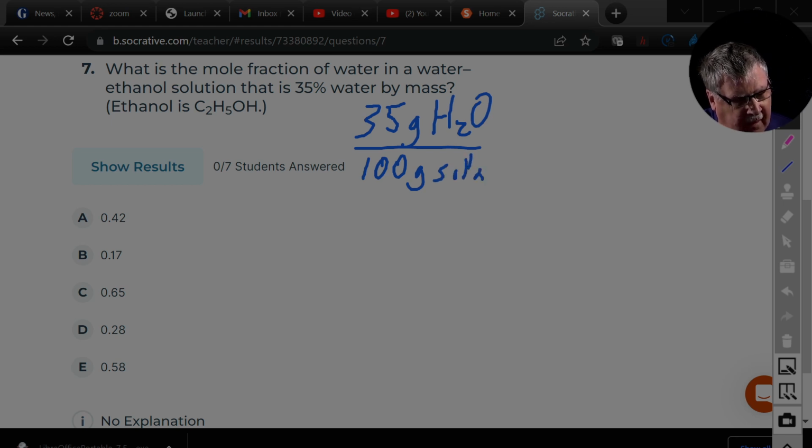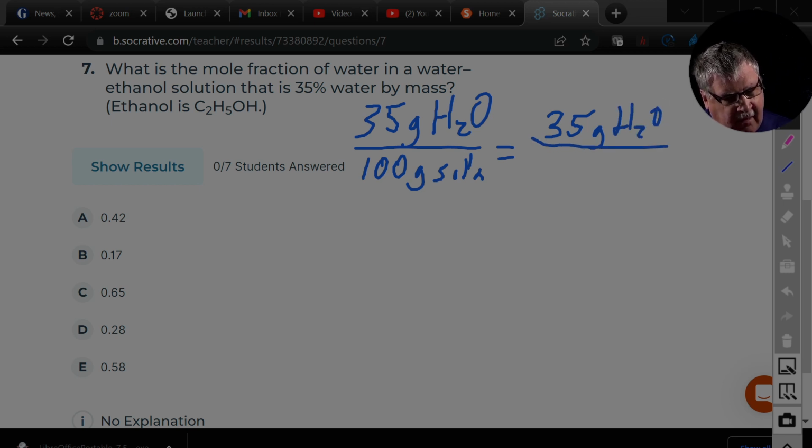Or another way of thinking about this is 35 grams of water, and the remainder of the mass of the solution is ethanol. So that's 65 grams of ethanol.